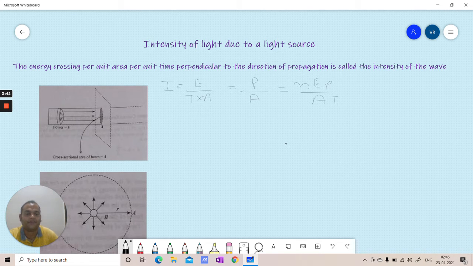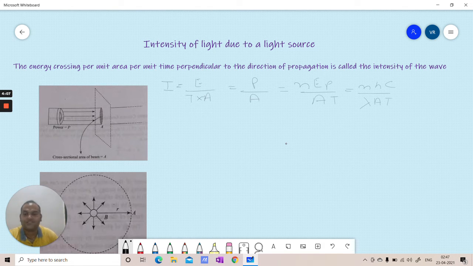So we'll write time here. In 1 second it comes like this. So this becomes the intensity of light falling on that surface area A, which you can write as n into hc by lambda A t. Like this we can write this intensity.